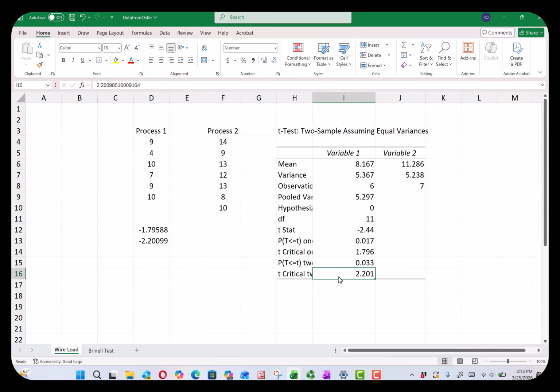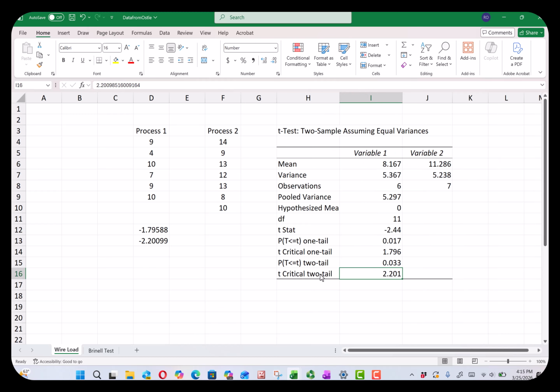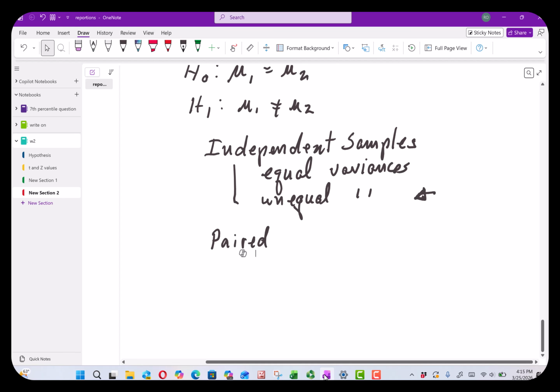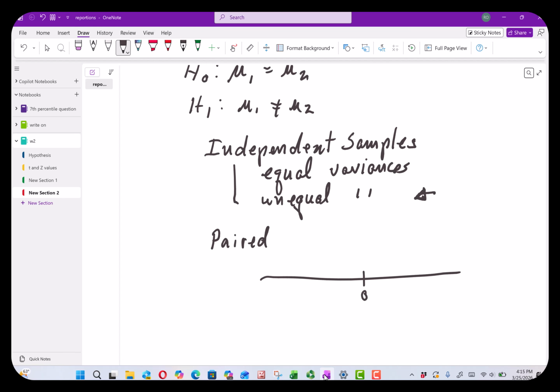I'll open this up a little bit. The names are obscured. Critical, two-tailed, and the p-value for 2.02, and the value cut off by minus 2.44. So we have a line, 0, minus 2.44, and we're looking for the actual position of this.